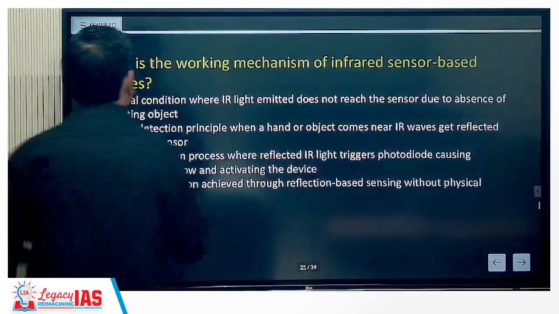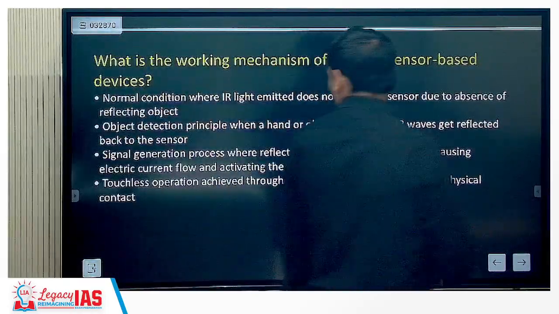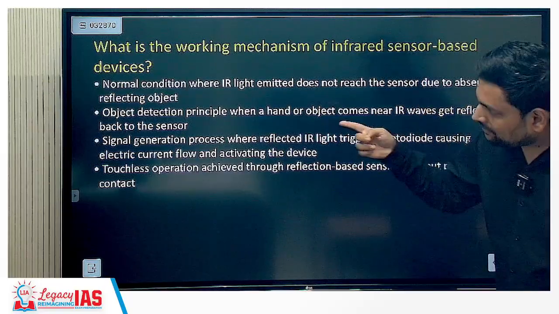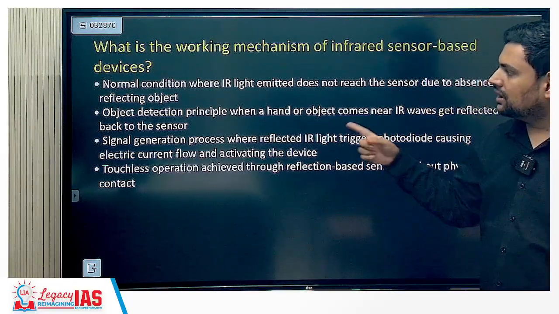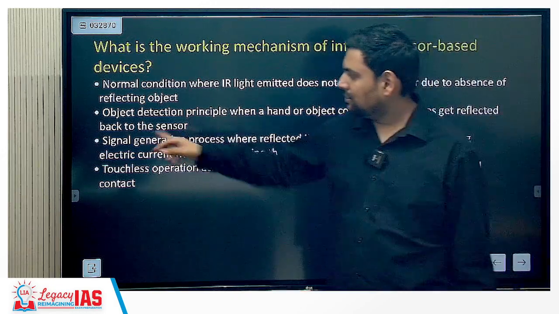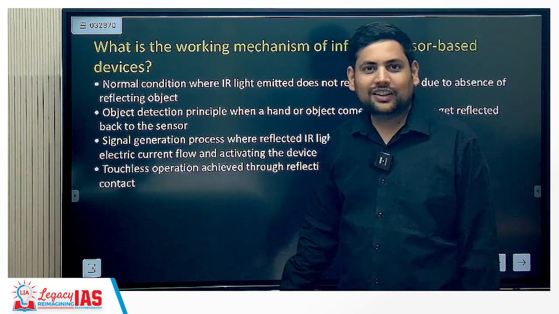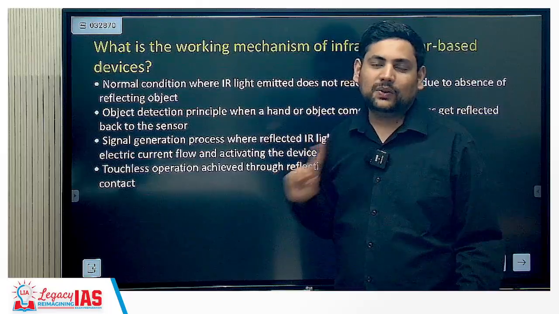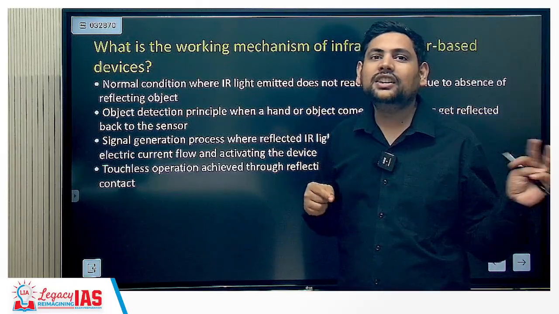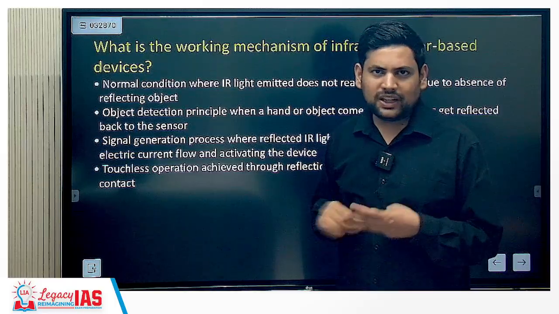You understood all. What is the working mechanism? In the normal condition, the emitted IR light does not reach the sensor due to the absence of a reflecting object. Object detection principle: when a hand or object comes near, IR waves get reflected back to the sensor. All that is written in difficult words. Same thing. What you have to remember? Wash basin, then TV remote, and then the third thing was automatic lights.